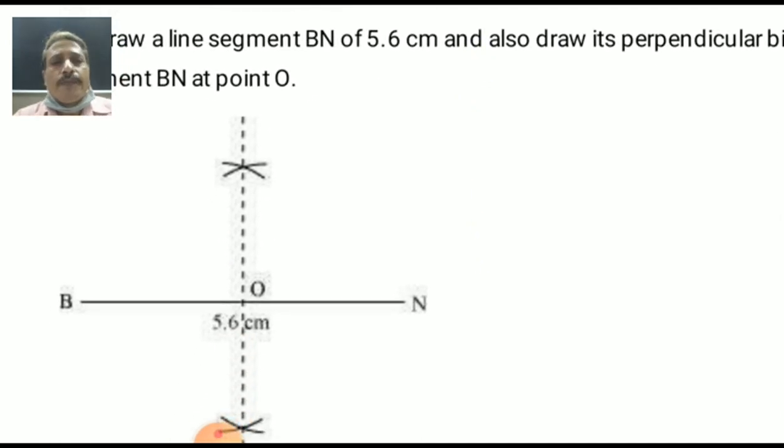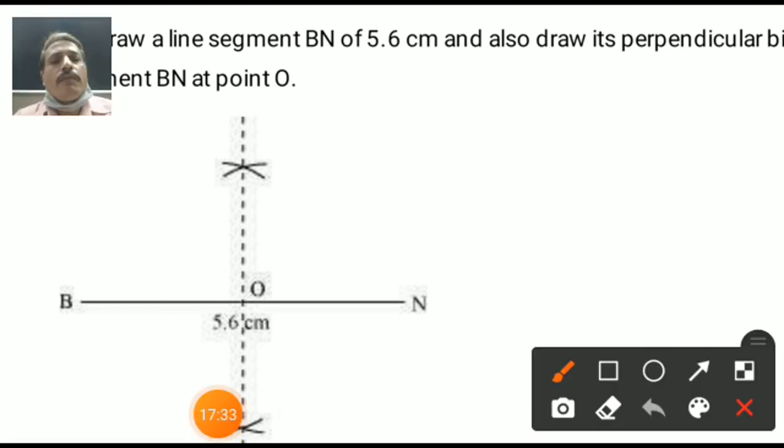See, first of all, we started with BN. What is the measurement of BN? 5.6 centimeter. With the help of a scale, you can draw. Perpendicular bisector means you keep your pointer on B and take more than half of BN and draw an arc.